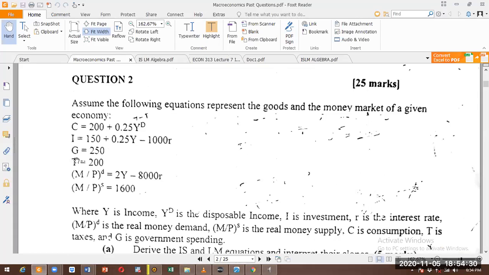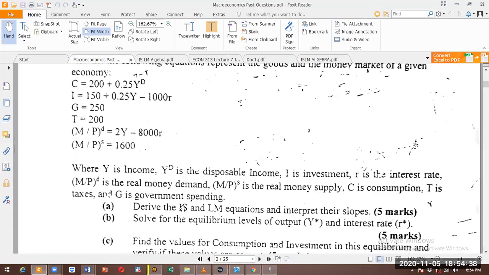So these are the equations. The first one, we have to derive the IS and then the LM equations and interpret their slopes for 5 marks. I mean, you can just use 2 minutes, get your 5 marks, you move on to the next one. As for the macro, it is very easy. The macro is easy. I'm sure we will do well.